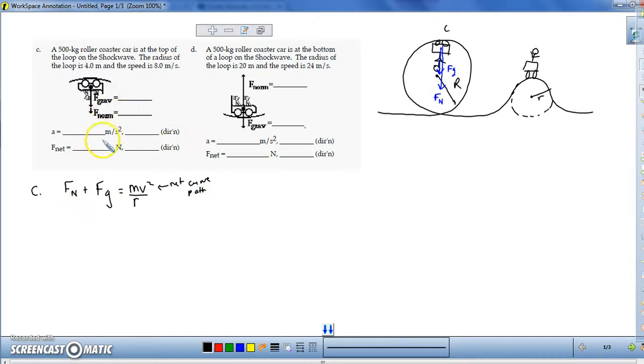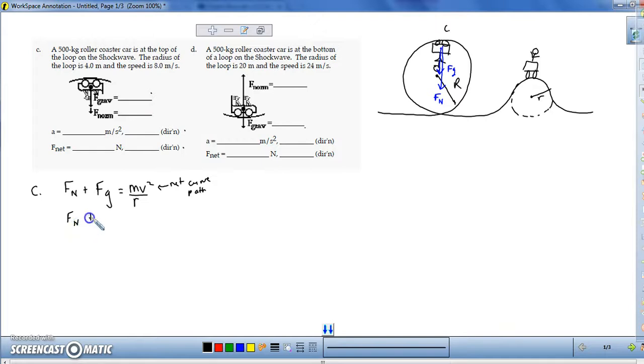Alright, what do we need to find? Gravity, normal, acceleration, and net force. Okay, we can literally do this almost in any order. This and this we can find, but this one's a little more tricky. So actually I'm going to find this one first. And then from this, we'll be able to find everything else. So notice that we could actually rewrite this.